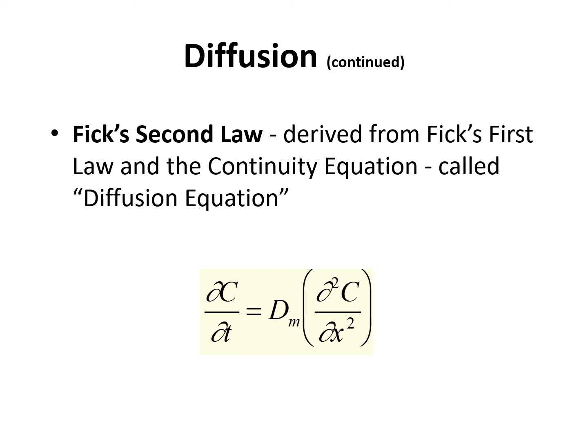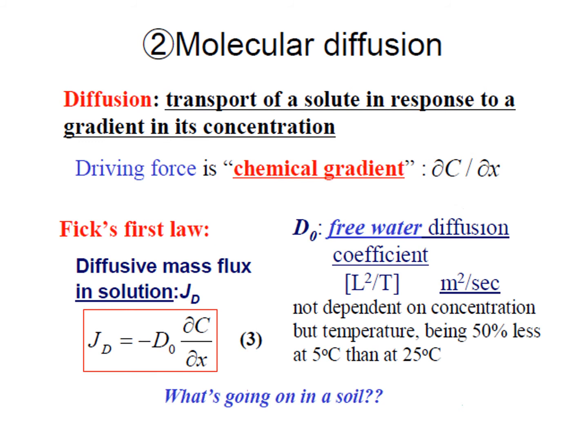In that case, we take a double derivative of the concentration gradient, and our diffusion coefficient is also involved in this differential part. We will talk about it in the next slide, as this is a summary and a kind of repetition. Fick's first law is this one, D is the diffusion coefficient, and the chemical gradient is the driving force.